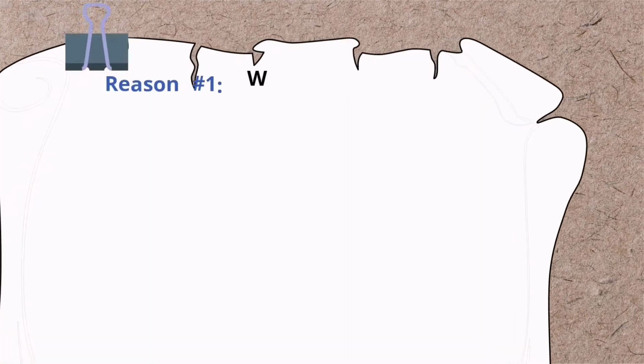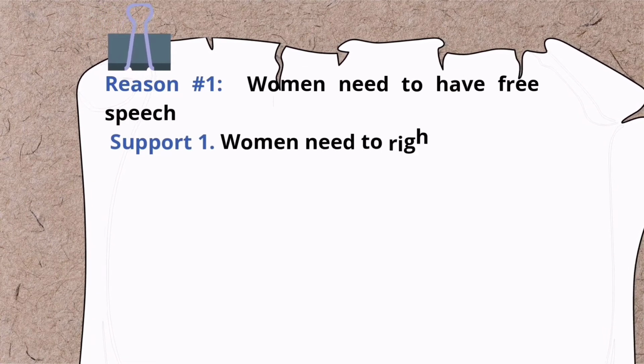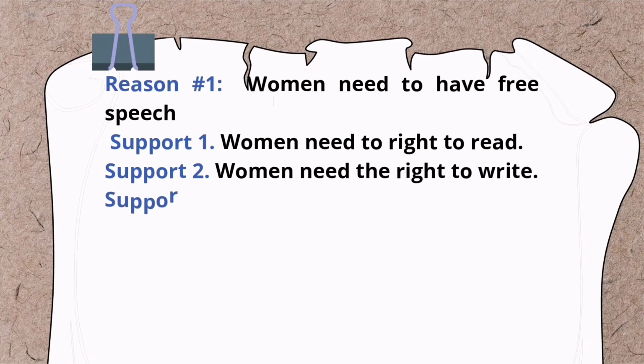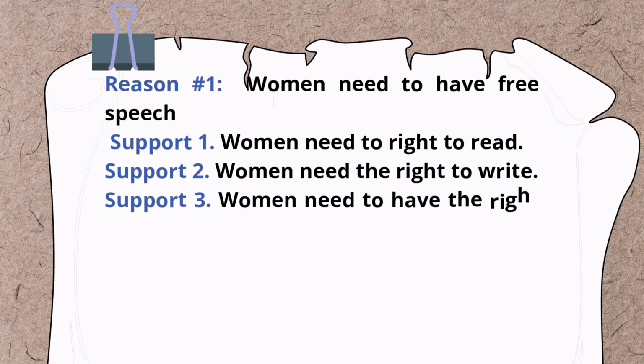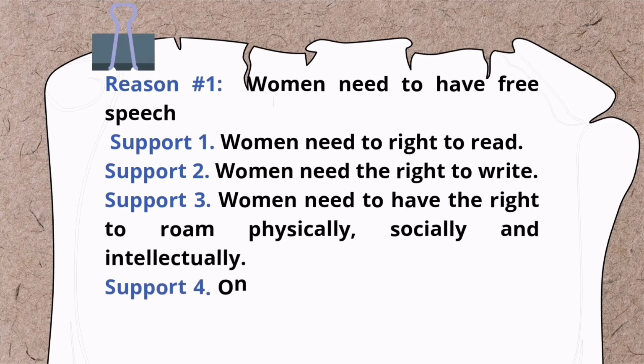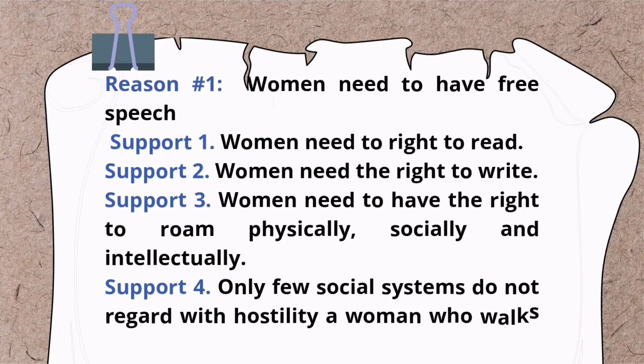The first reason, women need to have free speech. The supporting statements, women need the right to read, women need the right to write, women need to have the right to roam physically, socially, and intellectually. And only few social systems do not regard with hostility a woman who walks by herself.